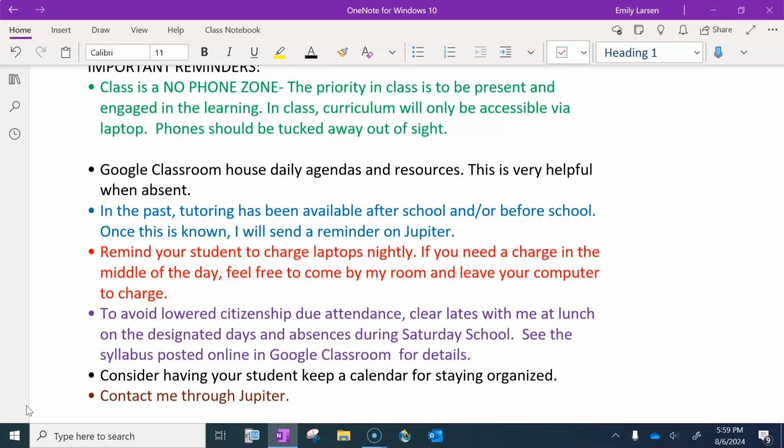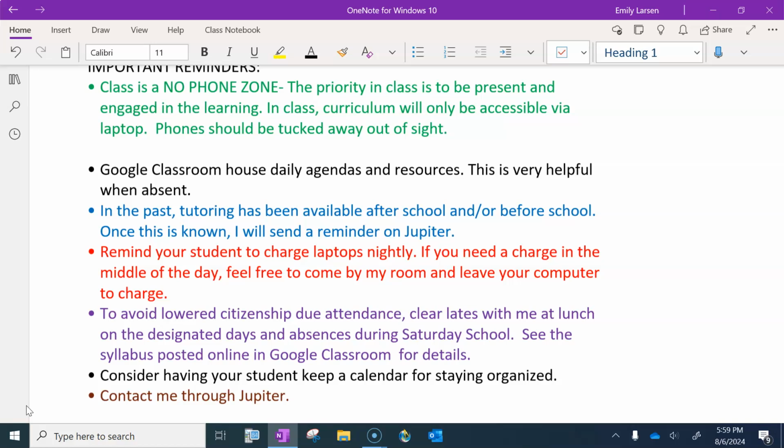I'll just send an email and it's a done deal after that. See the syllabus posted online in Google Classroom for details. The syllabus is attached and linked through Google Classroom. So if you have any questions related to expectations, that's a great place to look.